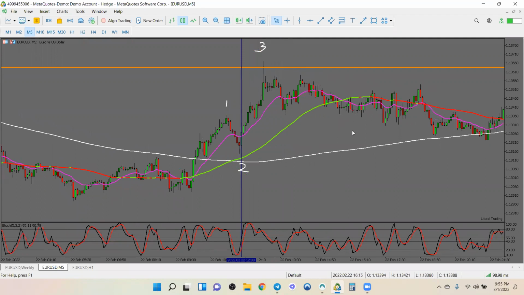Okay. So what is expected to happen off of this key line? It's the first time hitting it. Expected to reject. Expected to reject and go where? Is this a supply or demand? Supply. So we expect to go back down to a demand if that's a supply. Okay, that is exactly what we expect.